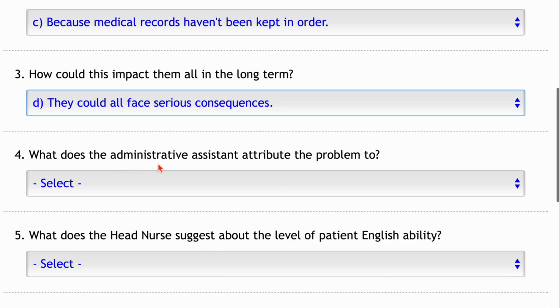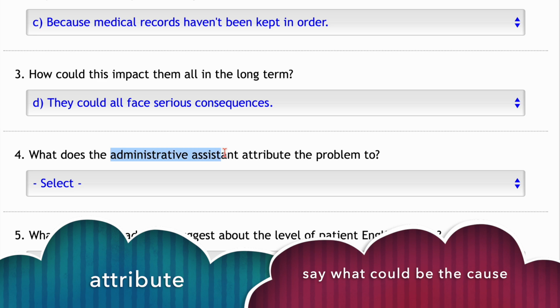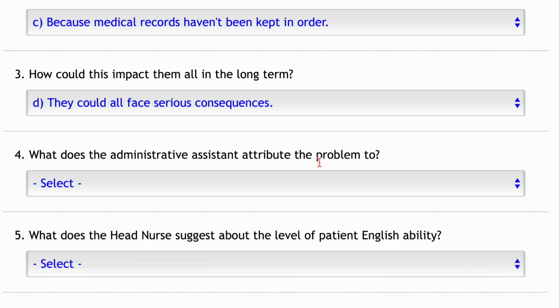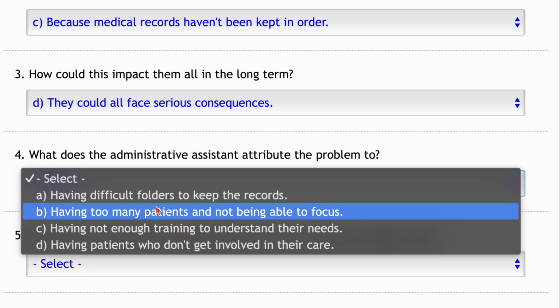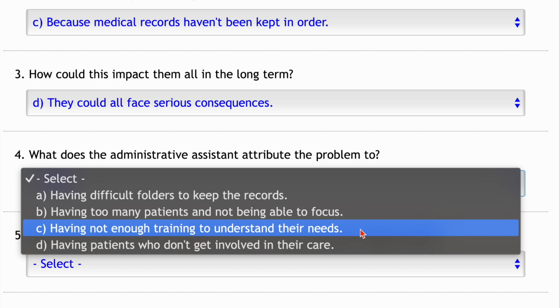What does the administrative assistant attribute the problem to? So what did the assistant say the problem was? Having difficult folders to keep the records? Having too many patients and not being able to focus? Having not enough training to understand their needs?